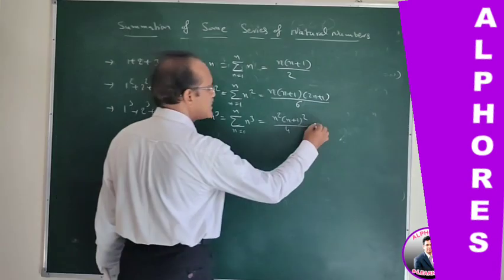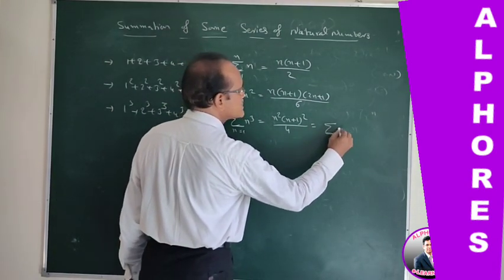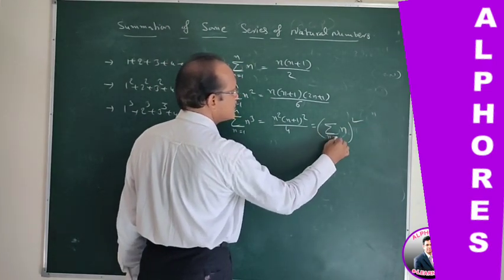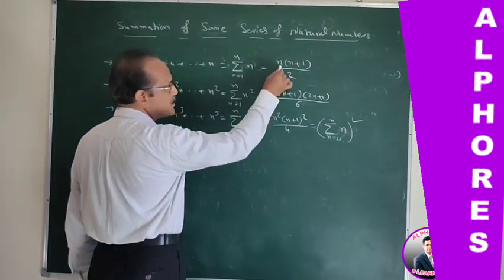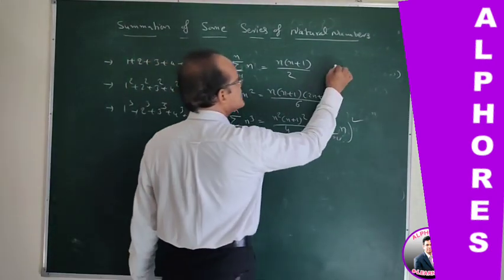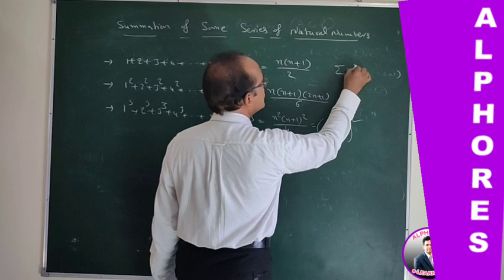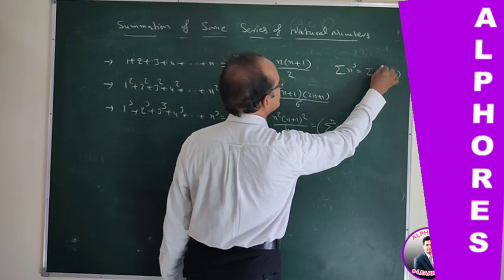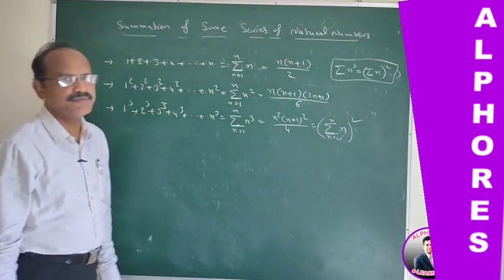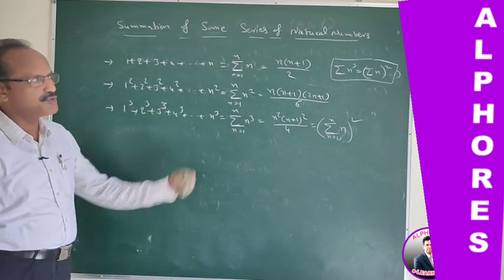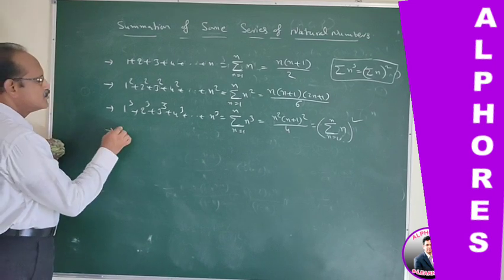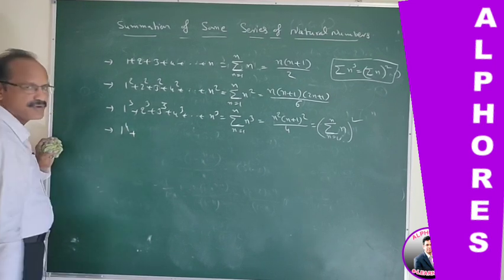Or also it can be expressed in terms of sum to first n natural numbers, that is sigma n whole square, where n is equal to 1 to n. If you square this one, you will get this result. So finally sigma n cube is nothing but sigma n whole square. There is a relation between the sum to first n natural numbers and the sum to cubes of first n natural numbers, right?